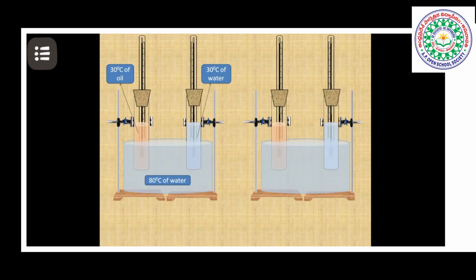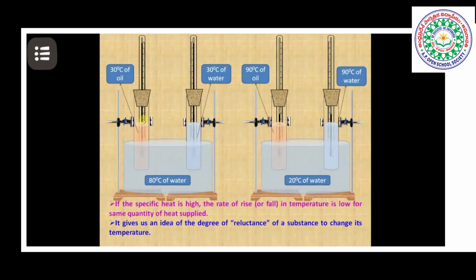In the second activity, both test tubes are at 90 degrees centigrade, but the big jar of water is at 20 degrees centigrade. Then what happens now? If the specific heat is more, both rising and falling take place very slowly.